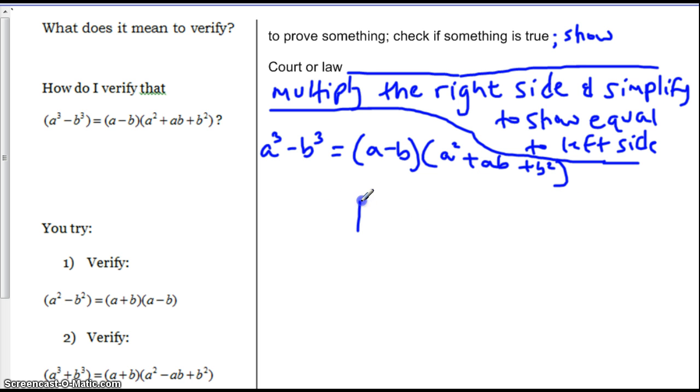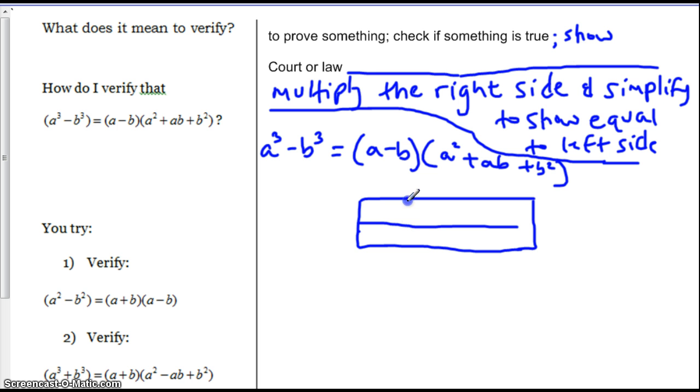I'm going to set up a box that is 2 by 3. We have a minus b for our binomial, so that's why it's a 2 by 3 with a trinomial, and then a squared, ab, and b squared.